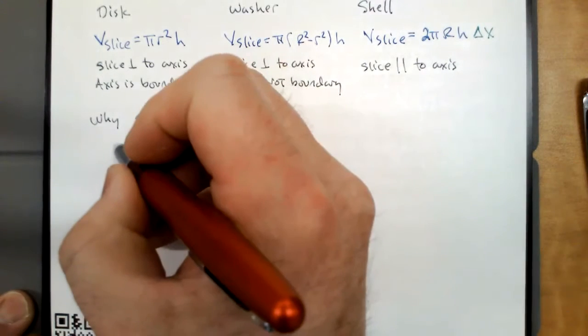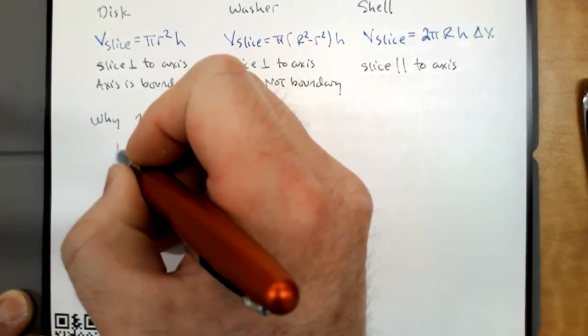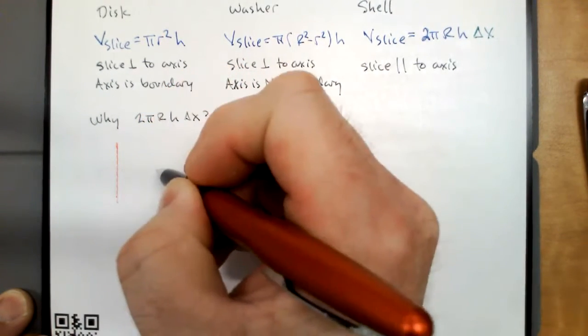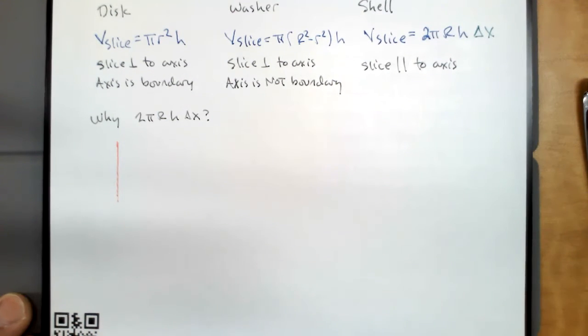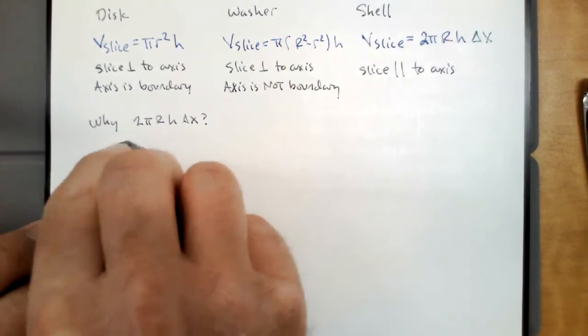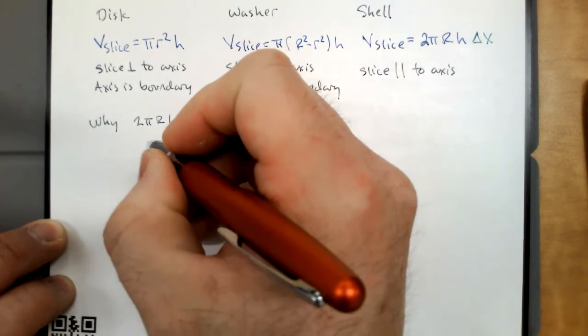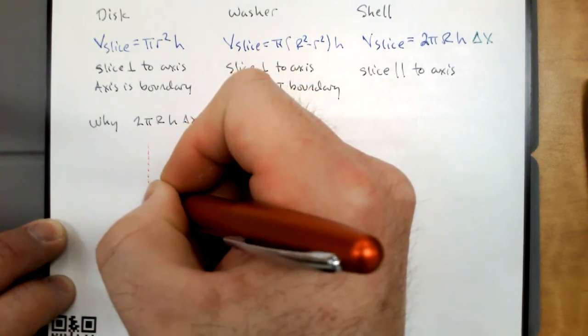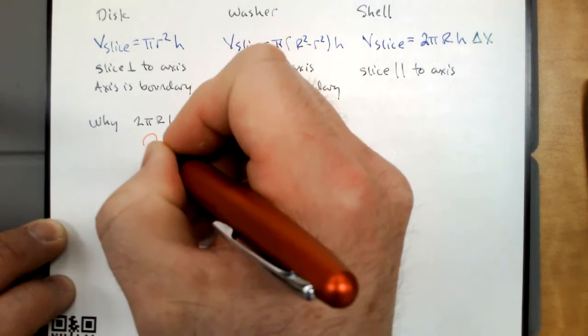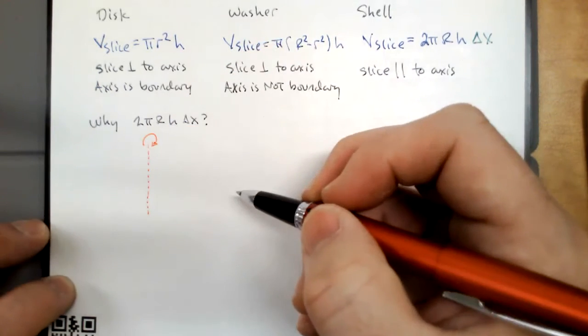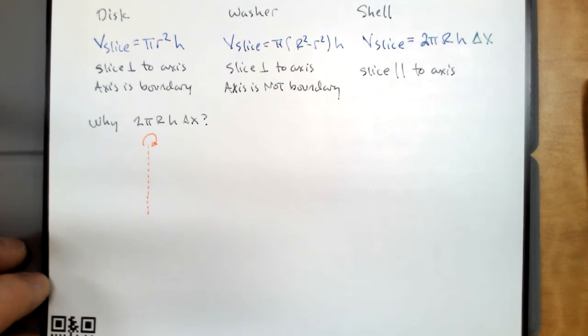So let's take a look at the scenario. Let's have an axis of rotation. And our slice, I'm not going to worry about what the region is, or where my axes are.